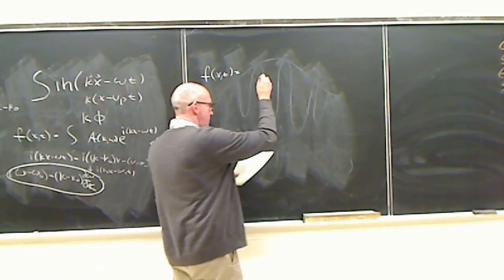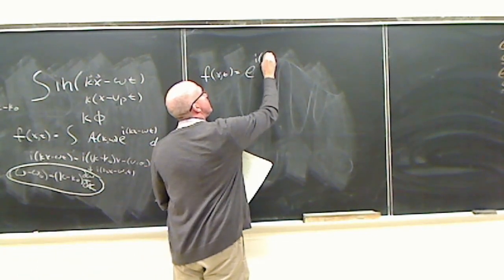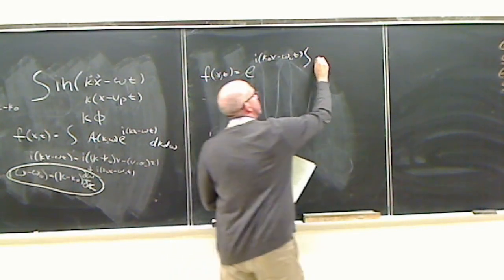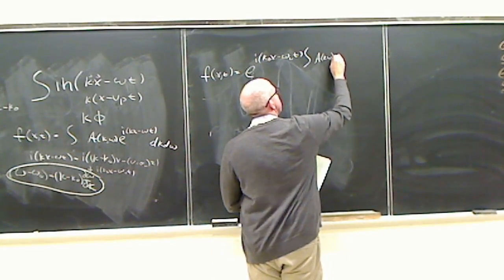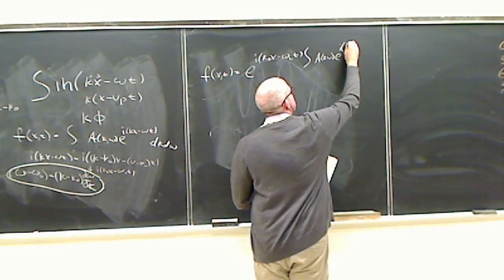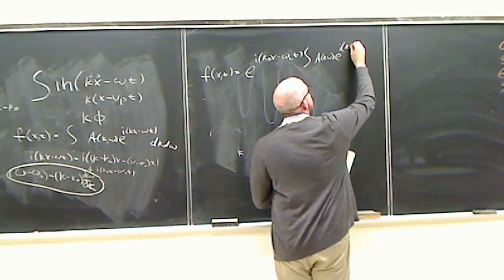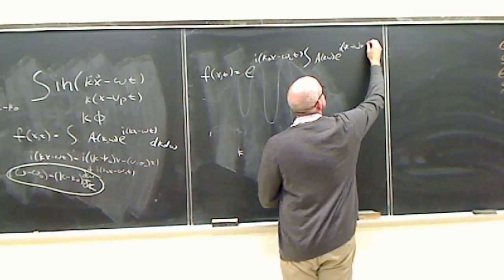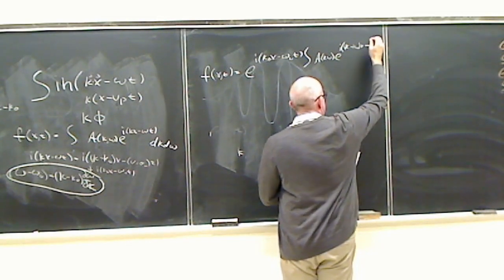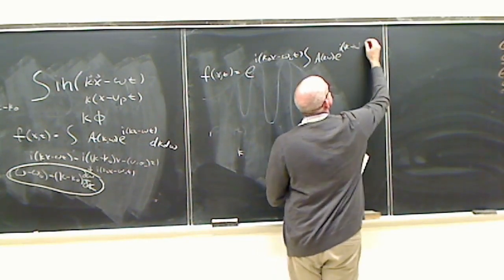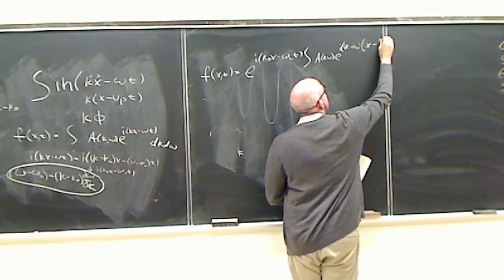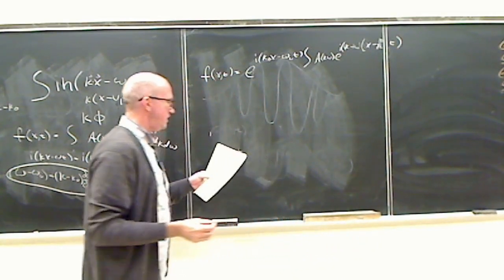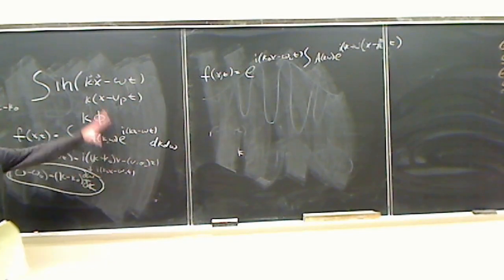The constant stuff that comes outside is e to the i(k naught x minus omega naught t) times the integral of A of k and omega, e to the i (k minus k naught)(x minus d omega dk t). So I'm just rearranging terms a little bit.